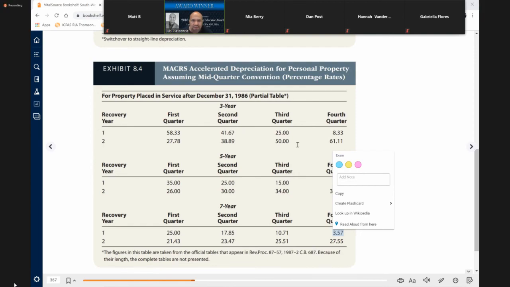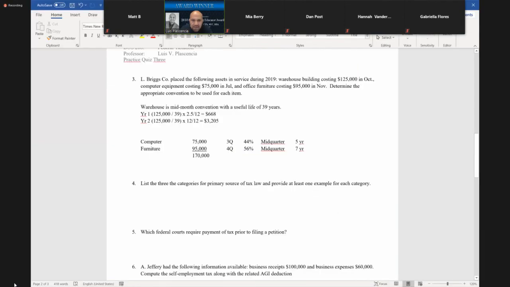Now let's go back. I didn't ask you this particular portion, but I want you to understand this. So a computer is going to be 75,000. Again, I'm going to need your help with this, times 15%. What does that equal? Somebody with a calculator. Anybody? You guys don't have calculators?